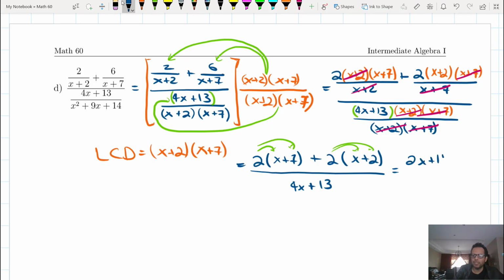2x plus 14, careful, 2 times 7 is 14, plus 2 times x, which is 2x, plus 2 times 2, which is 4. And that gets divided by 4x plus 13.